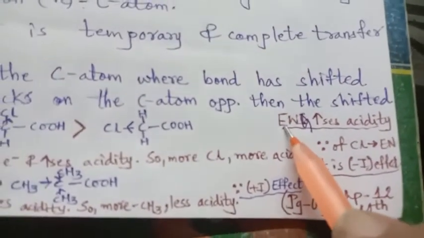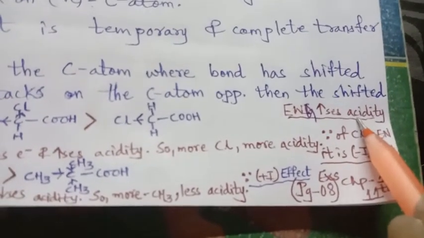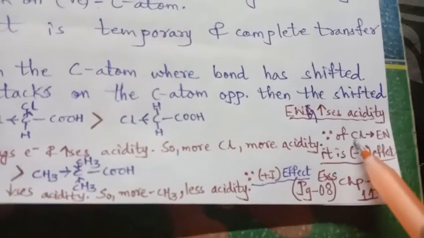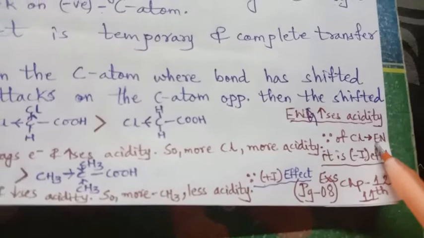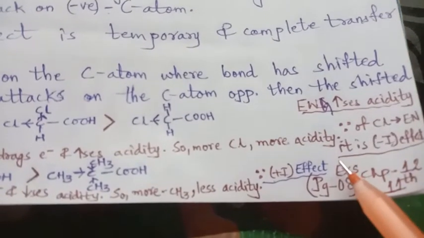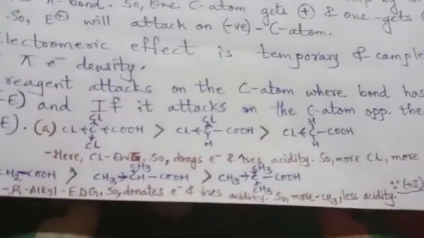If an electron withdrawing group is present, then the acidity increases, right? And here chlorine is electronegative, and when it is electronegative it will be electron withdrawing. So the more the chlorine, the more should be the acidity.